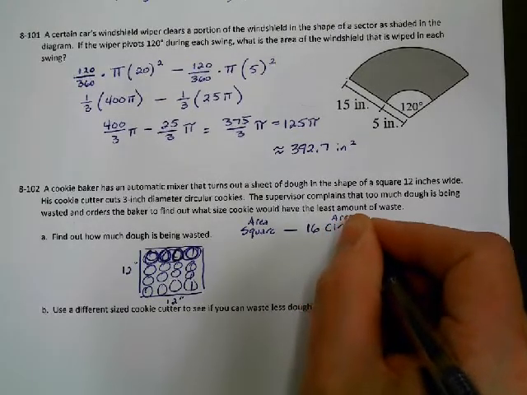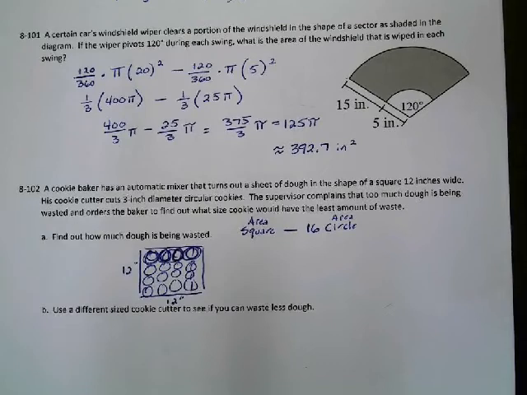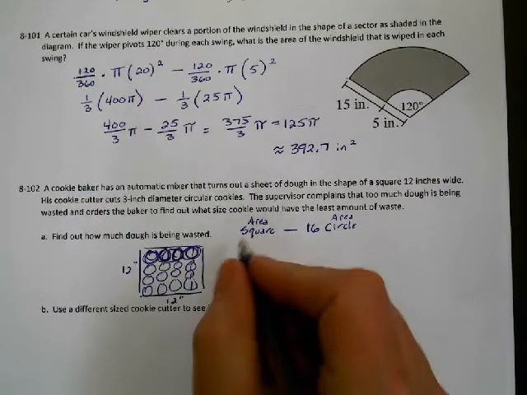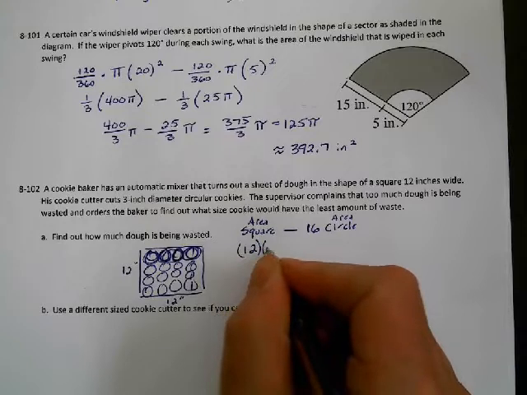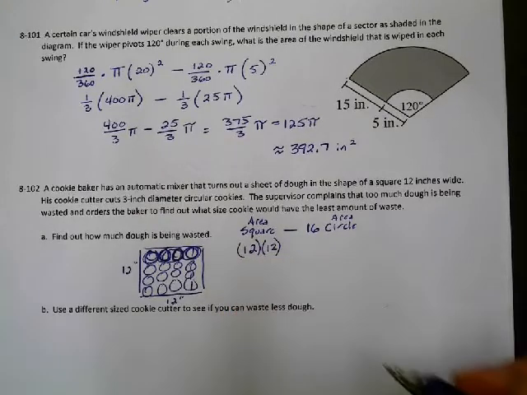And that should tell me what I'm wasting. So the square is 12 times 12, because it's a square.